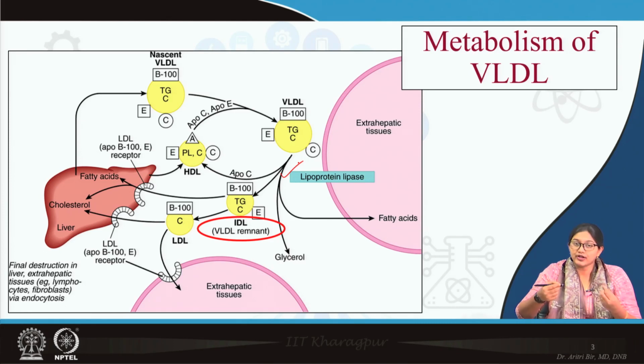IDL can enter the liver, that is, there is reuptake of IDL inside the liver, as well as it can form another lipoprotein, that is low density lipoprotein. So, we are going to discuss the metabolism, synthesis and fate of low density lipoprotein.